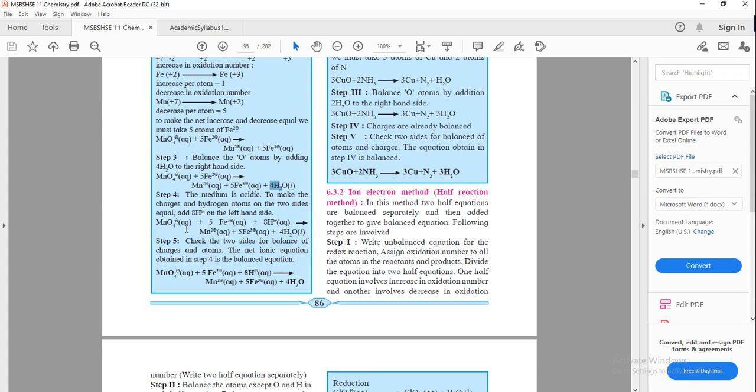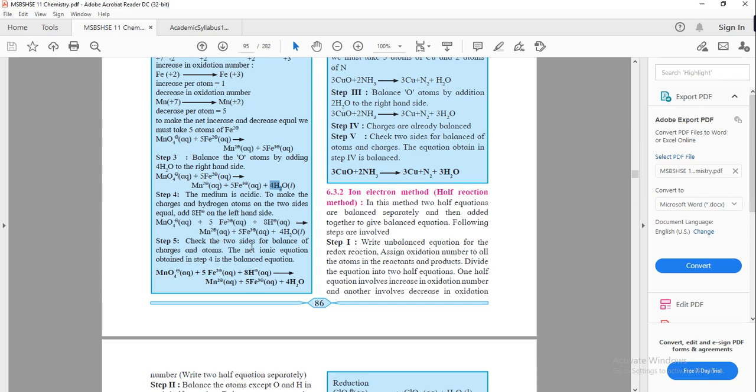So MnO4 minus plus Fe2 plus and 8 H plus in the aqueous medium. The hydrogen atoms are balanced, and the oxygen is balanced. So what is the last step? It is a balanced reaction.